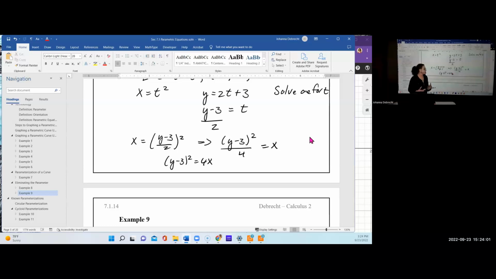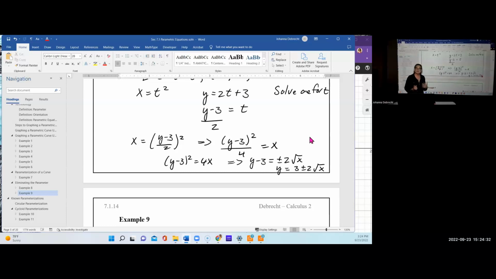Now, if I want to solve this exclusively for y, I would need to take the square root of both sides, and that would give me y minus 3 equal plus or minus the square root of 4x. Now the square root of 4 would give me 2, so this would give me y minus 3 equal plus or minus 2 square roots of x, and then when I solve for y, I get 3 plus or minus 2 square roots of x, right?